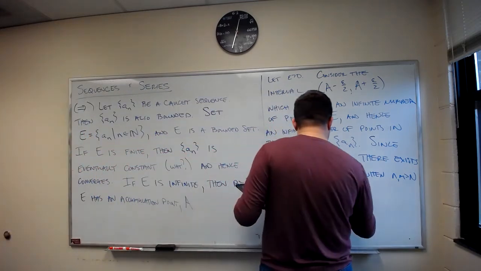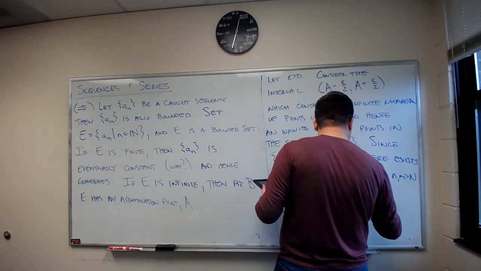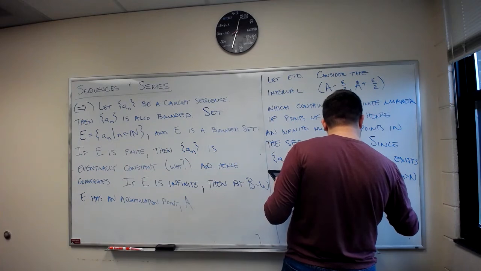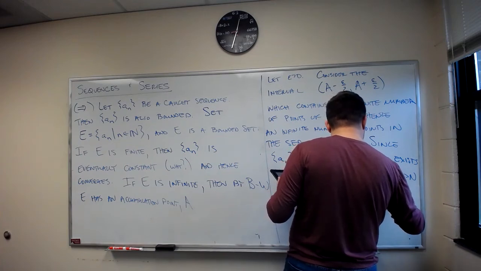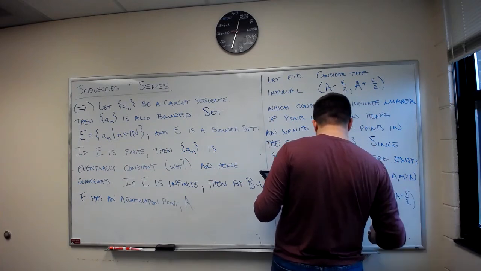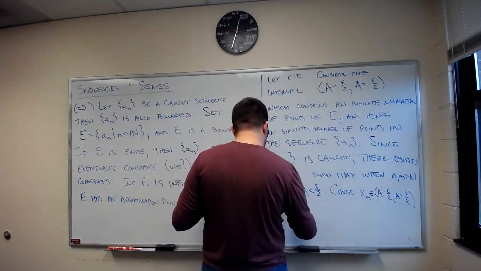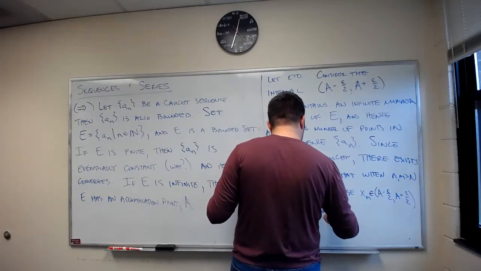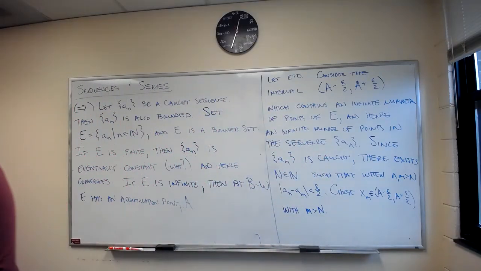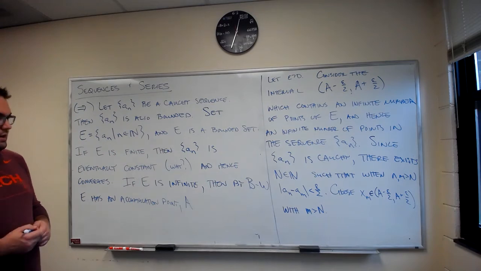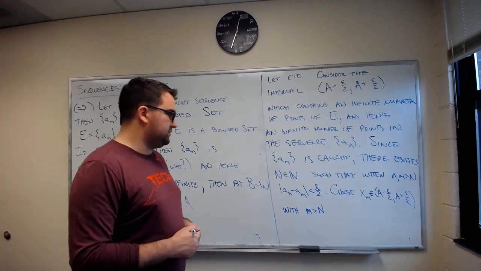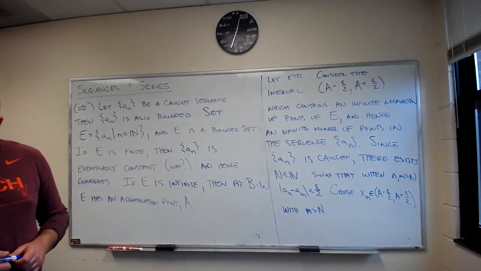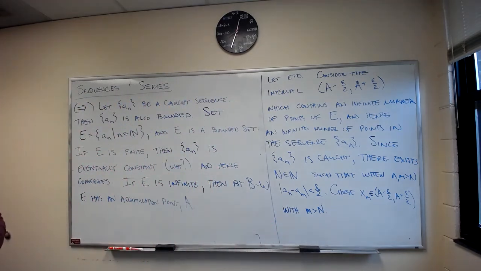Okay, and now what I want to do is choose a point, in this interval, a minus epsilon over 2 to a plus epsilon over 2, with little m being greater than capital N. And you might ask, why does such a point exist at all?